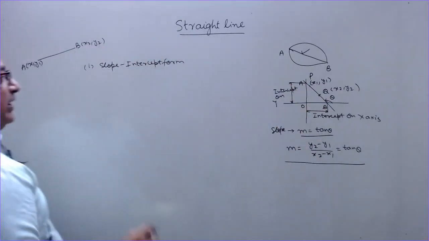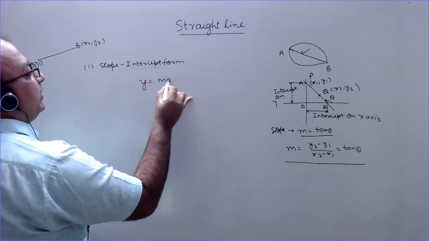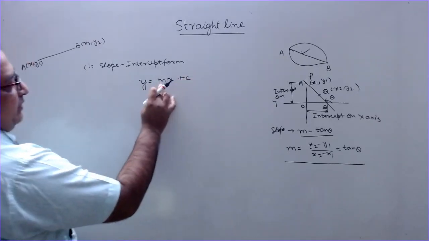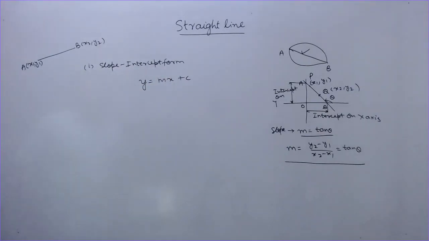So this slope intercept form can be expressed as y is equal to m into x plus c, where m is the slope and c is the intercept. So this is the most general form of the straight line, or most general equation of a straight line.